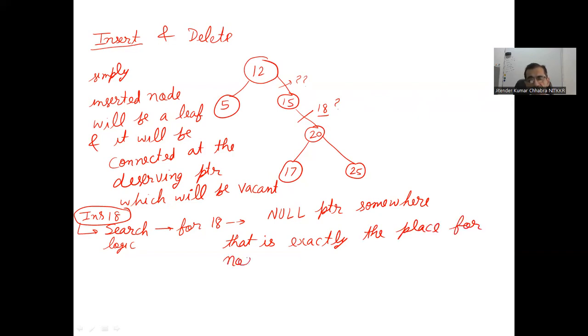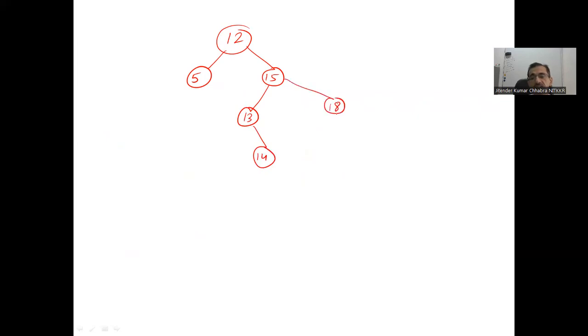What does that mean? Let's have a look. For example, let's take quickly one binary search tree: 12, 5, 15, say 13, say 14, say 18, and I'll say I have here 20, I have here 25, maybe I have here 70.